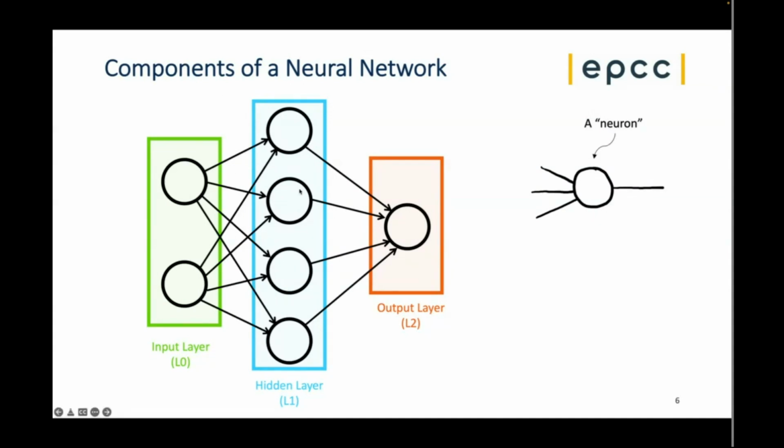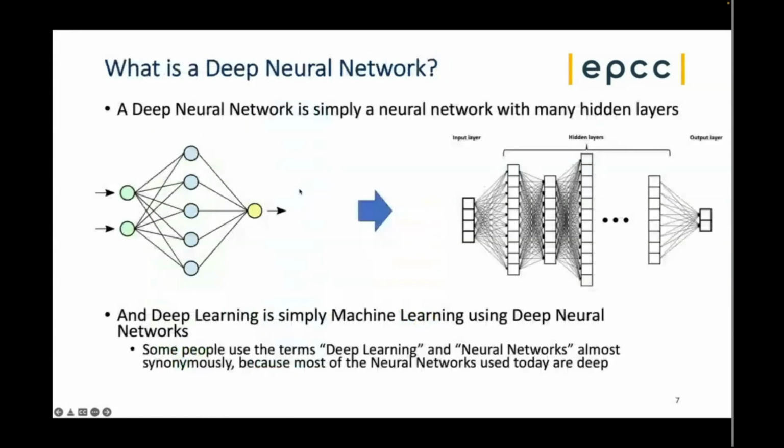So this is the starting point, and then we can build out some complexity from here. A deep neural network is simply a neural network with many hidden layers. In this case, it's also still shown as fully connected to start with. It doesn't have to be, but what we have here is a single input layer.